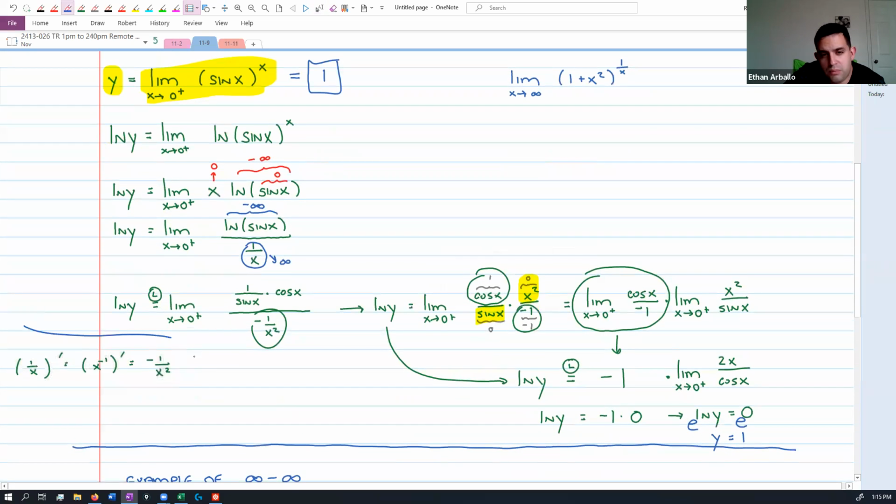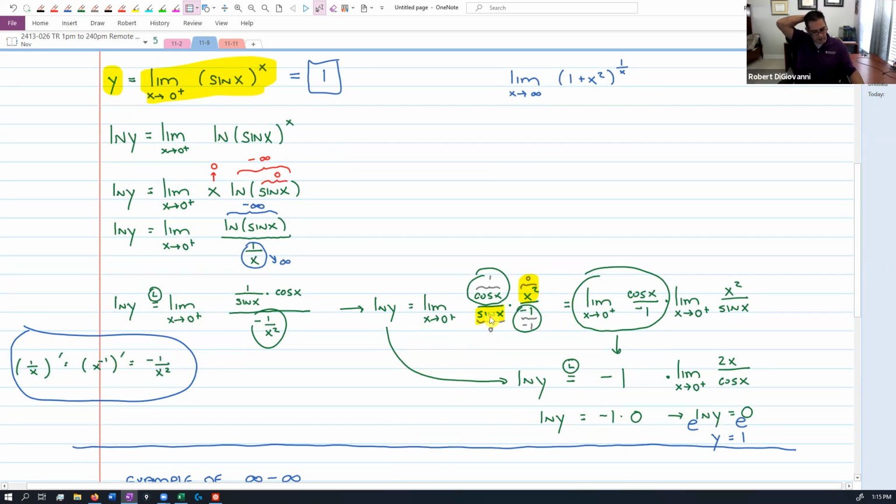So instead of breaking it up, could we just change that cosine x over sine x into cotangent x? Did that do anything? I don't think cotangent would have gotten you anywhere, because you still wouldn't have had the ability to do L'Hopital's rule. Well, yeah, because cotangent of 0 is going to be infinity.